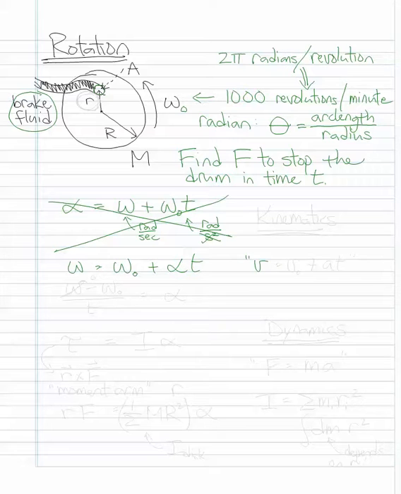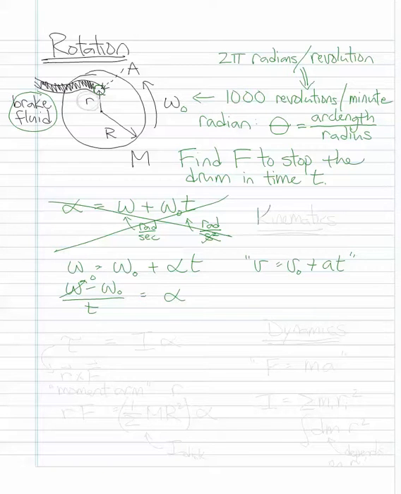This is sort of like a v equals v naught plus at. And we can always go back and forth from one to the other. So we have omega minus omega naught all over t is equal to alpha. Okay, that sounds good. And so if the final speed is 0, then alpha is just minus omega naught over t. Okay, fair enough. So let's see, what's next?